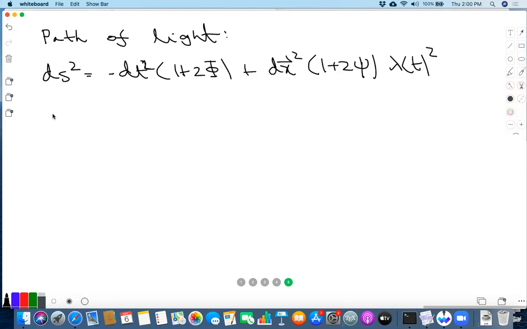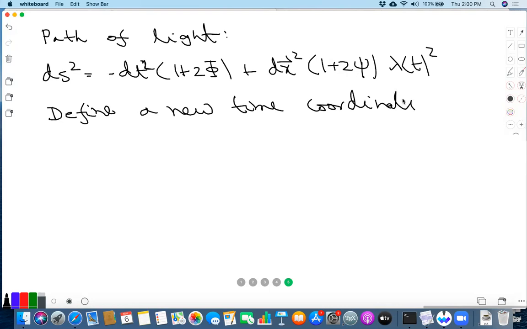Now let's define a new time. I have used tau, so let me use sigma, a new time coordinate sigma, such that d sigma equals dt over lambda of t.